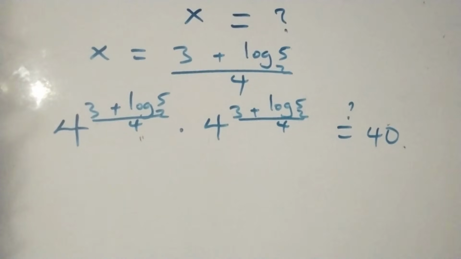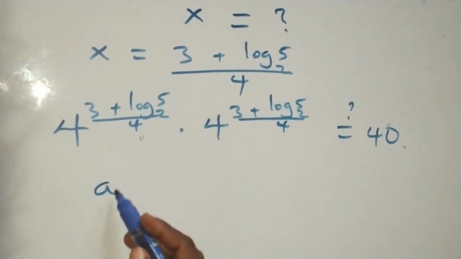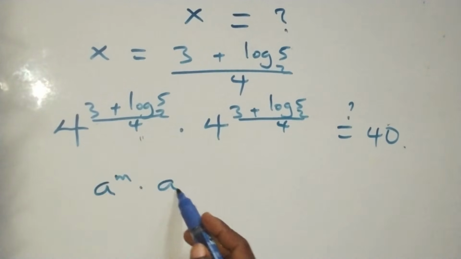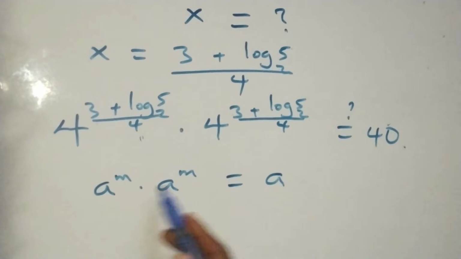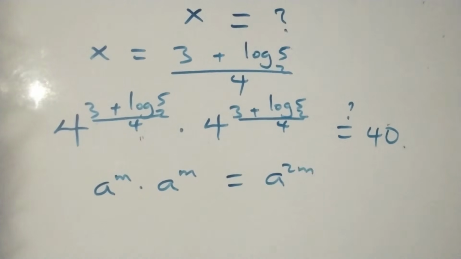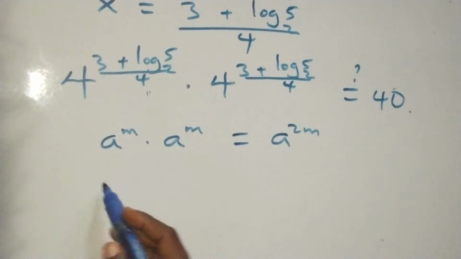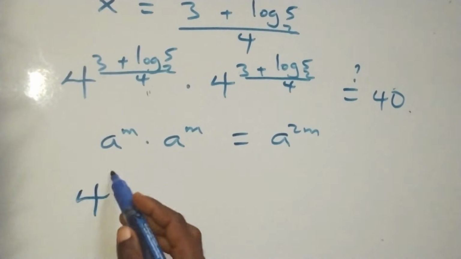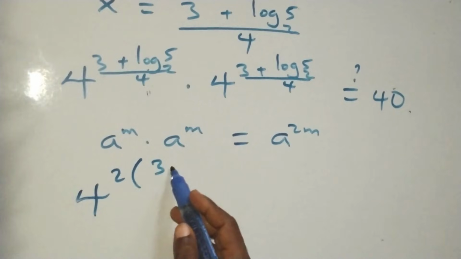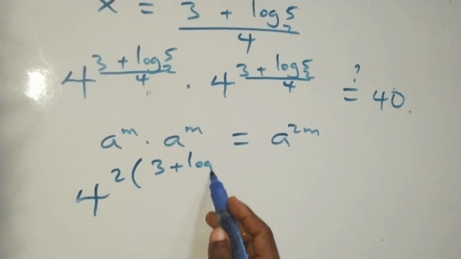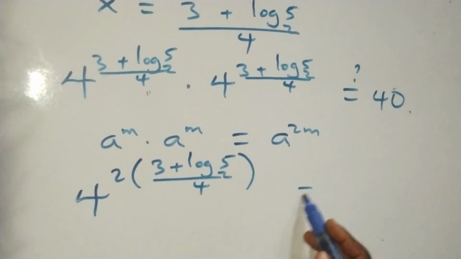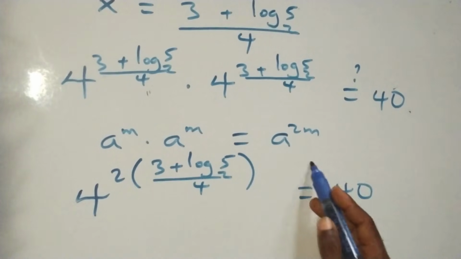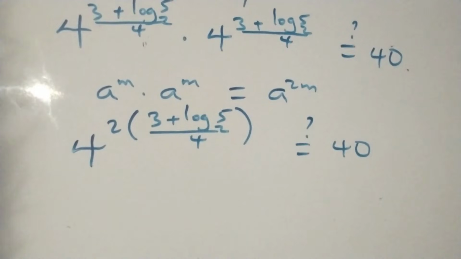From here, same base multiplying follows when we have a raised to power m times a raised to the same power m, the same thing as a raised to power m plus m, that's 2m. Here we can write it as 4 raised to power 2 times 3 plus log 5 base 2 all over 4 equals 40. This power multiplies.